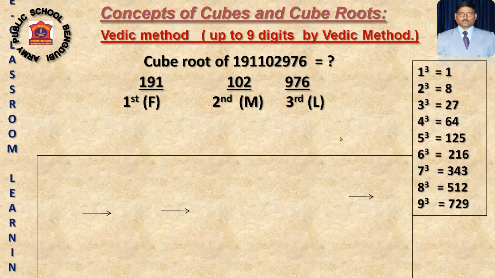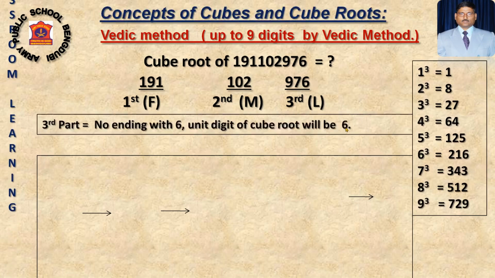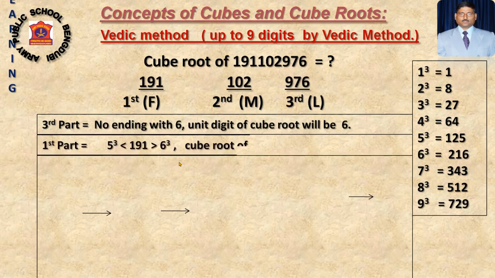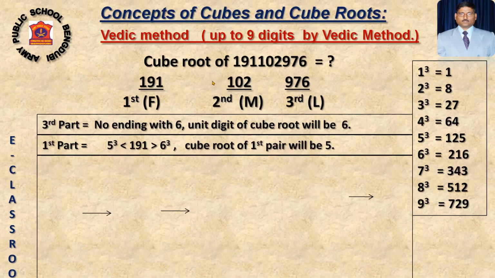Now the first part is 191. 191 lies between what? It is greater than 5 cube but less than 6 cube. But in the Vedic method we always take the lower value. So your first part answer will be 5. Clear?